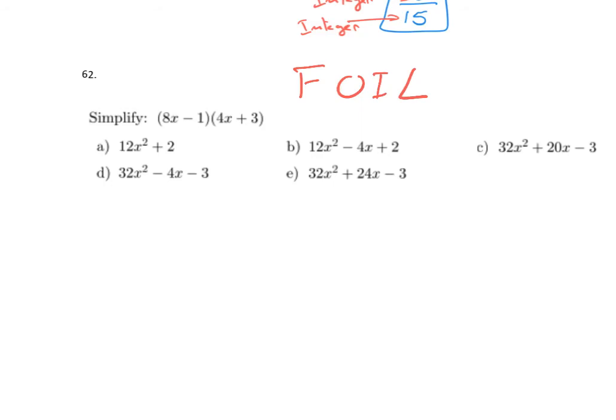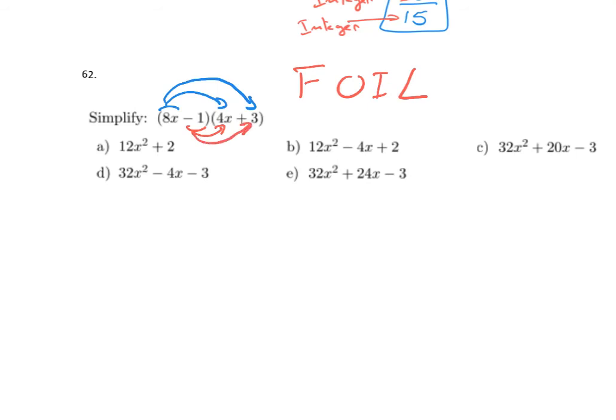So we can start with first, 8x times 4x, and outer, 8x times 3. And we have inner, negative 1 times 4x, and last, negative 1 times 3.